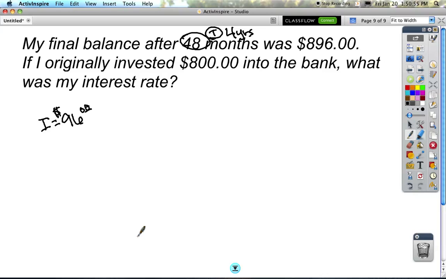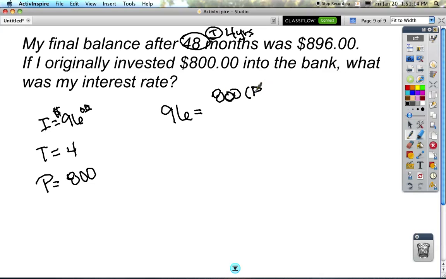All right, so my time is 4 years, and what is my principal? 800. Okay, so I equals P R T, we don't know the R. The time is 4, all divided by 100. Let's see if you got the right answer.